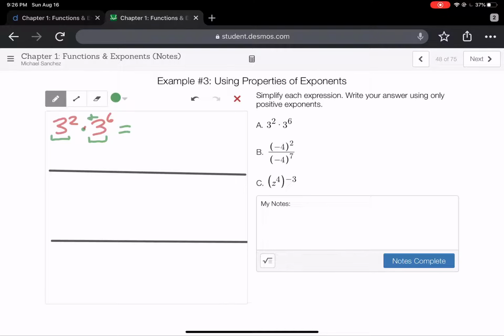So this becomes 3 to the power of 2 plus 6, which is 3 to the power of 8. Same base and multiply, you add the exponents.